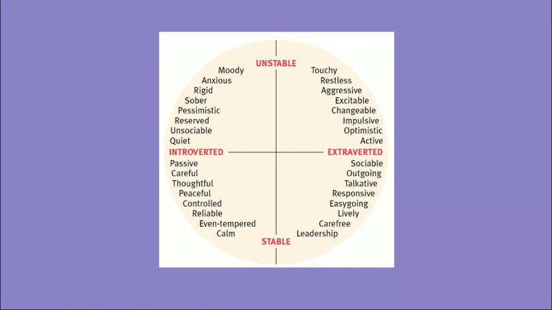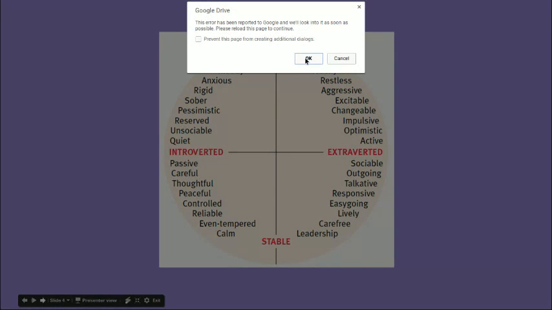And then if you go to the other side, you could look at unstable versus extroverted, and they would fall somewhere within that analysis of it. So we're on this spectrum of these X and Y axes, which is fascinating stuff.